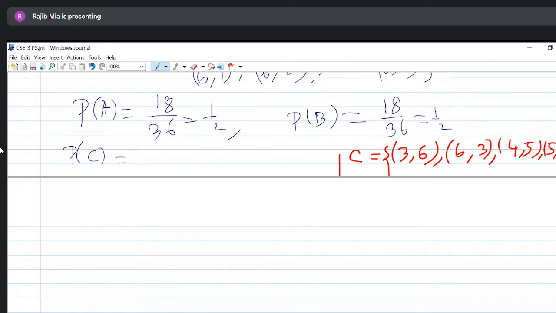So there are four outcomes in the event C. So the probability of C equals 4 by 36, that is 1 by 9.